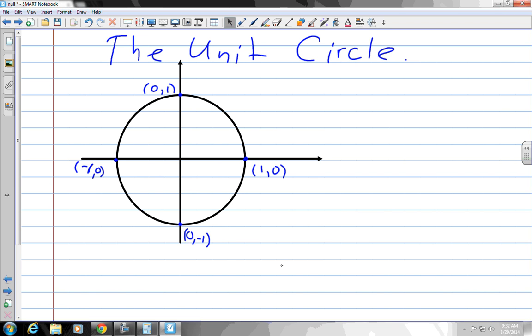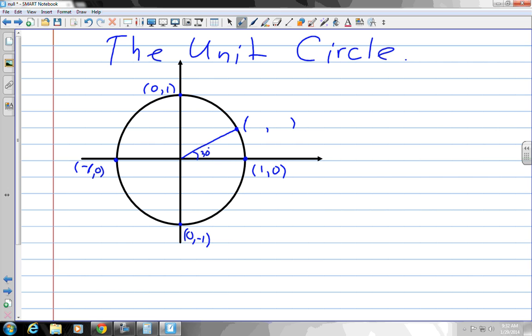Now, I'm going to take this point on a circle that corresponds to a 30-degree angle here. Okay? So all I need are the x and y value of this point.